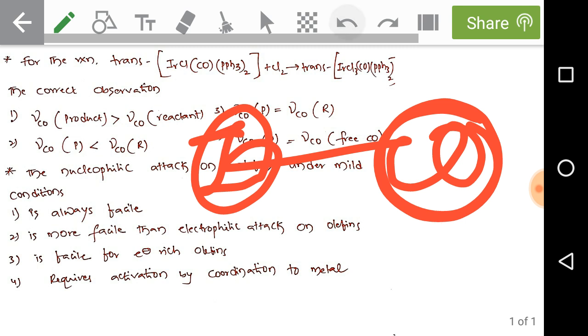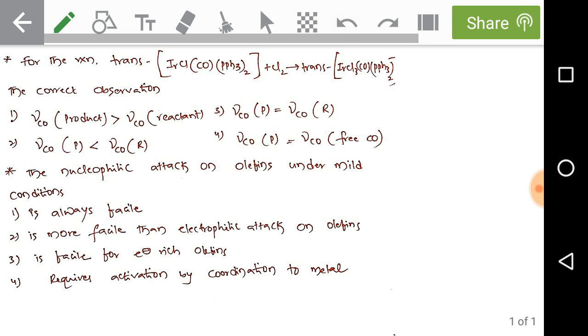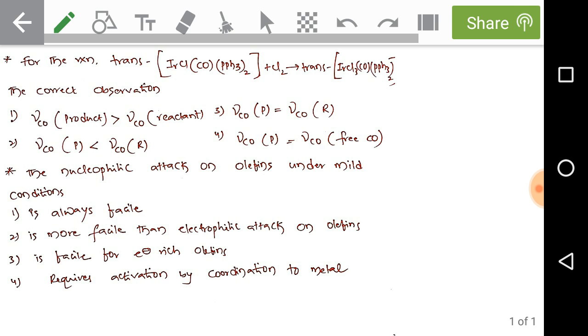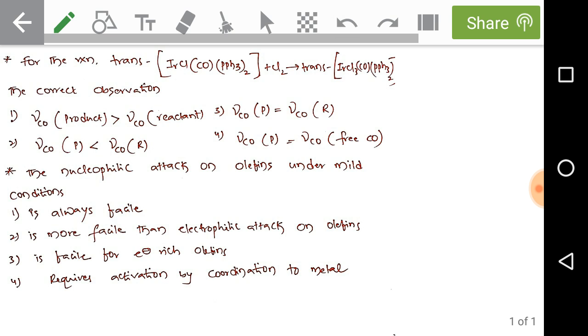That's why the frequency of CO of the product is greater than the frequency of CO of the reactant. Okay, we have so many concept lectures and so many problems on this kind of problems. Just check them.